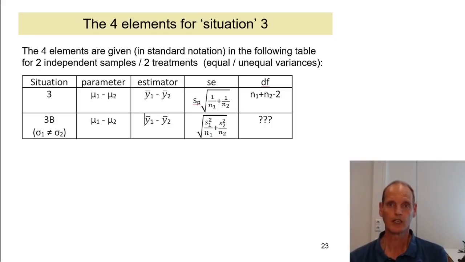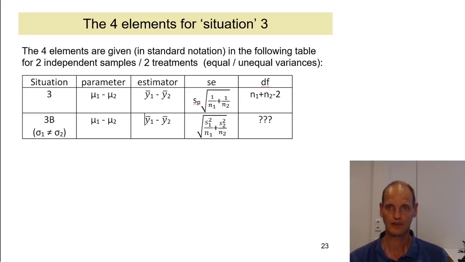Well, when we want to make a confidence interval for a certain parameter, in this case mu1 minus mu2, we need to know what are the elements for that situation. Well, the 4 elements in their standard notation are given in the following table. For situation 3, the independent sample situation, the parameter is mu1 minus mu2. The estimator, the method by which we estimate mu1 minus mu2, is y bar 1 minus y bar 2.